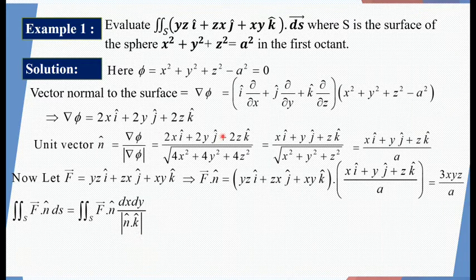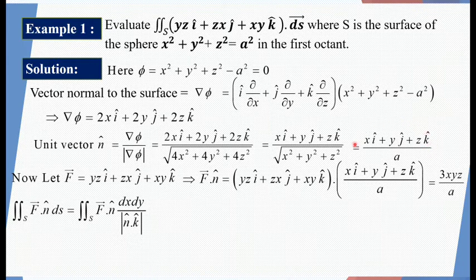Now see, we have to evaluate this in the first octant, and first octant means only the xy plane. So for the xy plane z is equal to 0. So ds will convert into dx dy upon mod of n cap dot k cap, and the value of n cap is, what is the value of n cap?